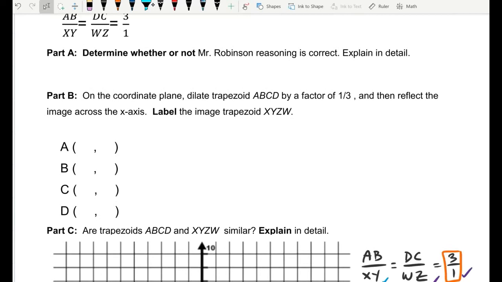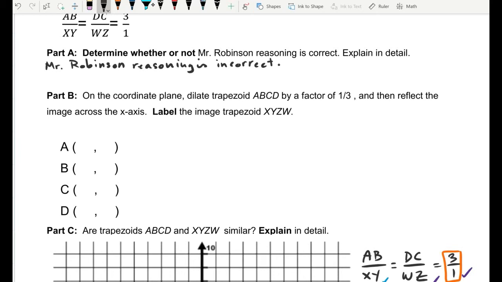First of all, we should answer the question first. Part A says determine whether or not Mr. Robinson's reasoning is correct. So first of all, it's wrong. Mr. Robinson's reasoning is wrong. I could say incorrect, but it's more direct to say wrong.